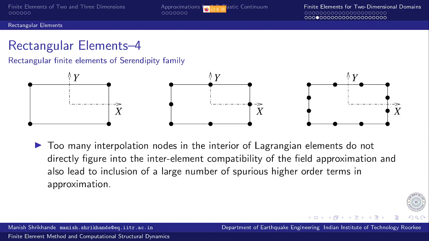A complete quadratic polynomial requires only 6 terms, isn't it? So constant term, linear in x, linear in y, x square, xy, and y square. So a total of 6 terms. And if we place the mid-side nodes, then we have a total of 8 nodes here. So there should be a possibility to have complete quadratic variation while meeting all the requirements of the finite element interpolation model.